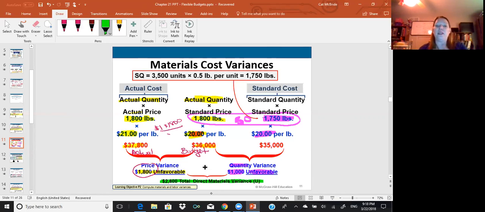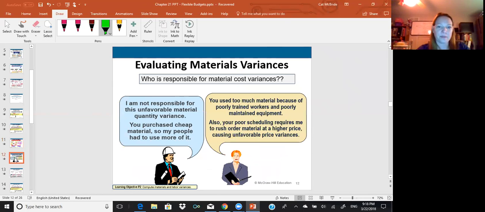Then when we went in to do the analysis, we'd figure out it's because we paid $1 more than we planned, and we used 50 pounds more than we planned. So we have a problem with both our cost and our quantity. All right, are we okay here for the first go round? Yes. We're just looking at it once. Okay.